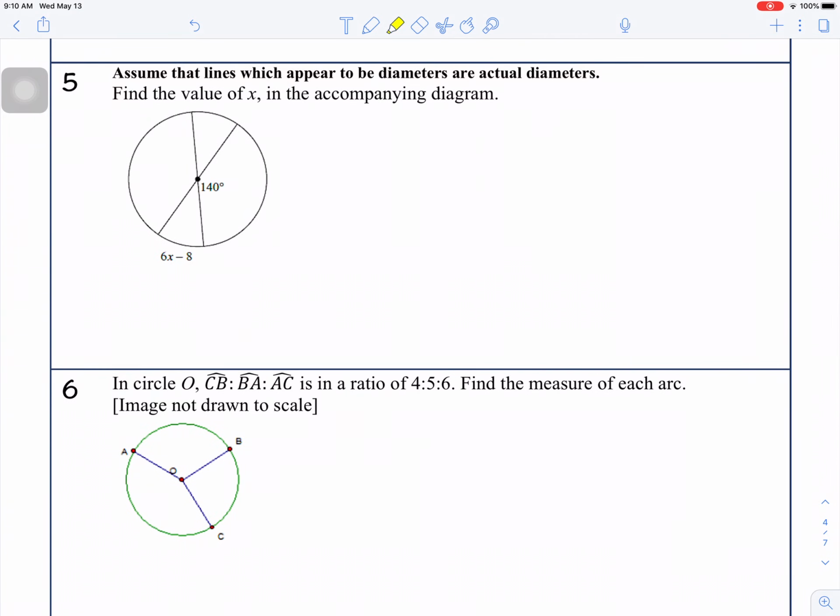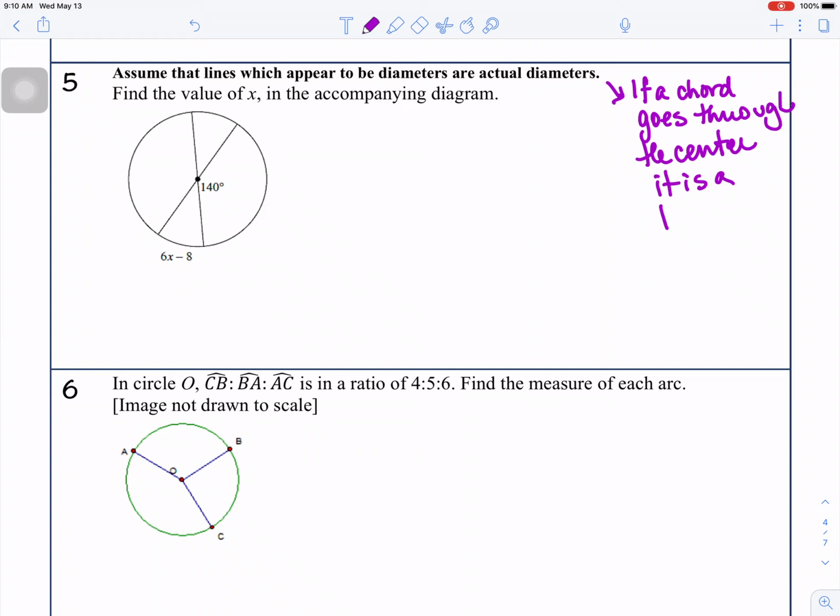In number 5, it says, assume lines which appear to be diameters are actually diameters. If a chord, that's a line segment in a circle, goes through the center point, it is a diameter.